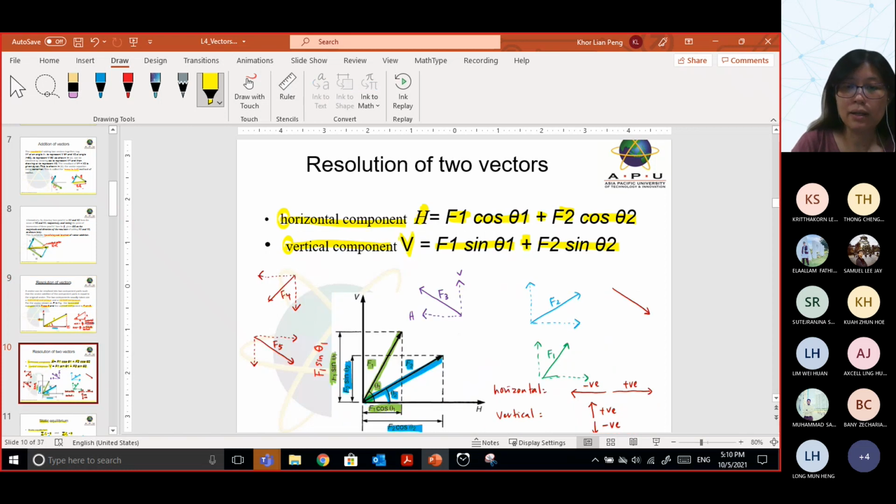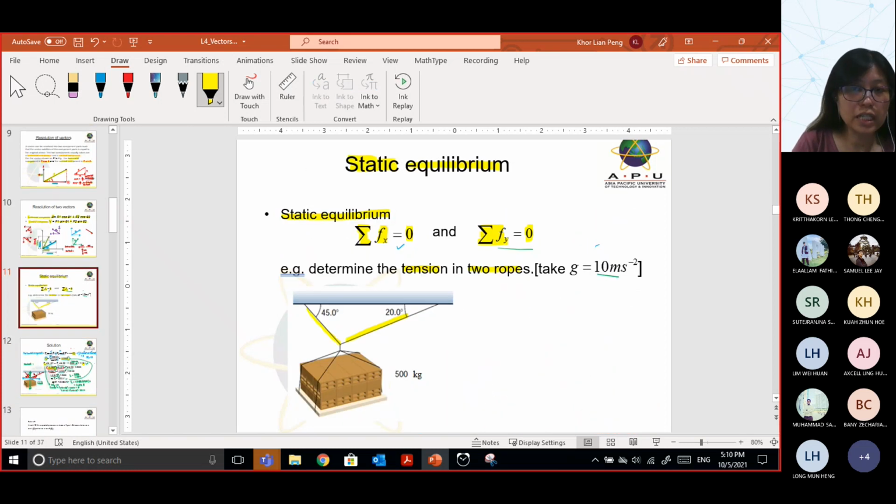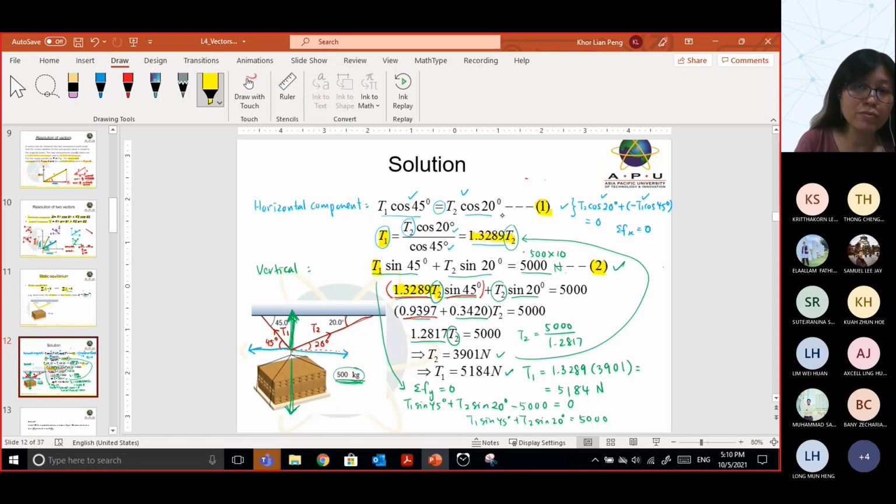Then we went through the problems regarding static equilibrium. For horizontal, we always take the total to the left equal to the total to the right. For the vertical components, we take the total to the top equal to the total to the bottom.